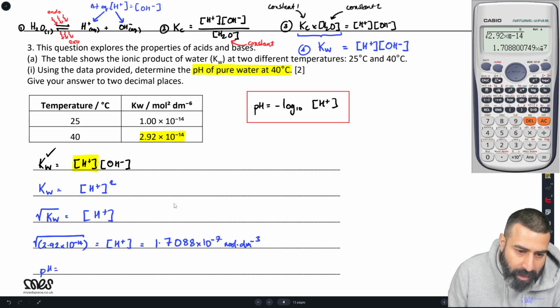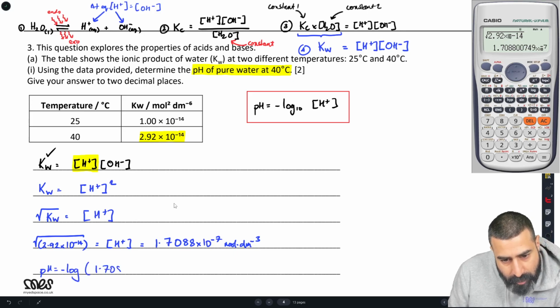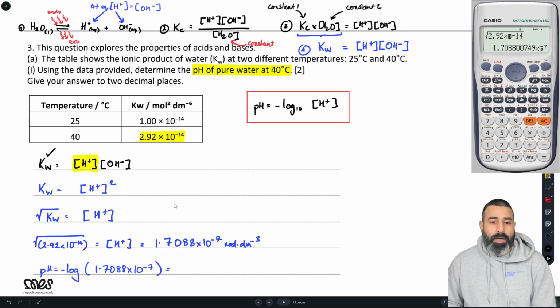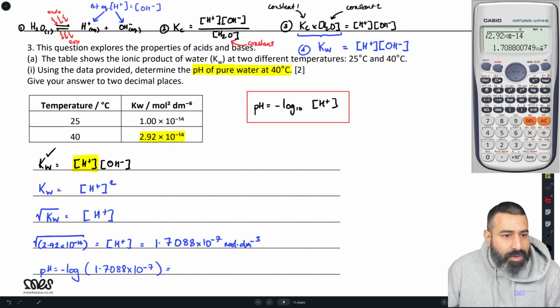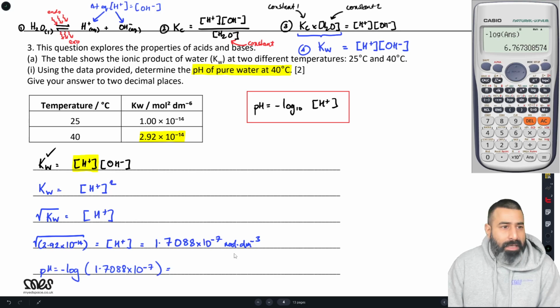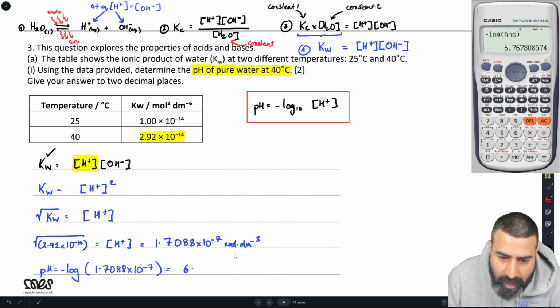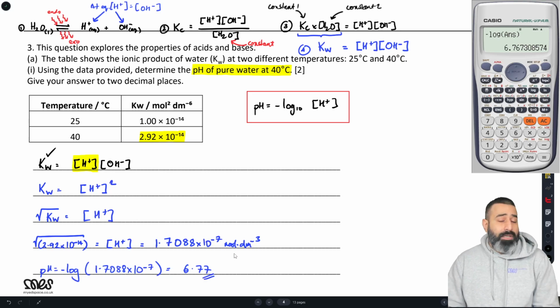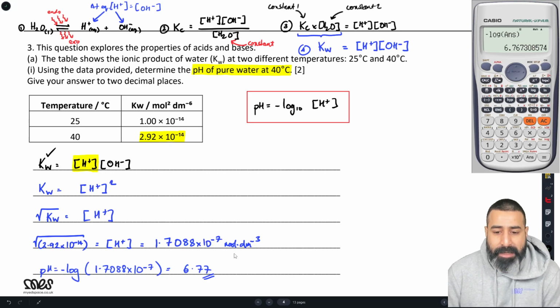So the pH equals the negative log of the hydrogen ion concentration, which we just worked out. So let's do this. So negative log of the answer, and there you go. We get a value of 6.77.